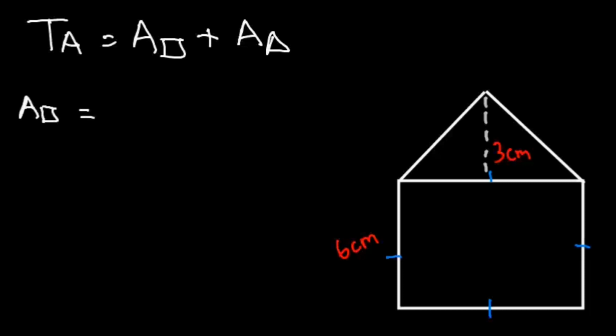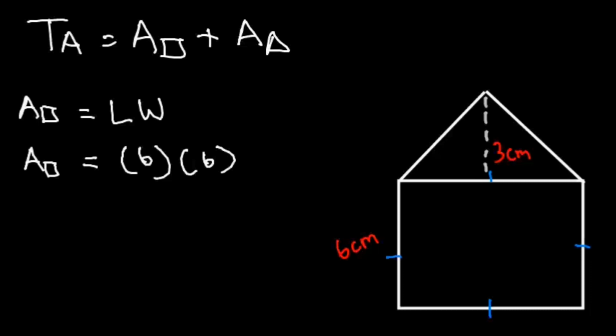For the area of a square, we can use the length times width formula. Since all the sides in the square are the same, we're only going to be using the 6 value for both of them, so it's going to be 6 times 6, which is 36.